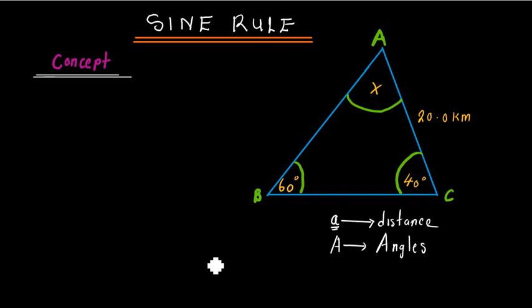We have been given this triangle ABC. The way to break this triangle is this. My angle for A is this one, but my distance for A is going to be this one.